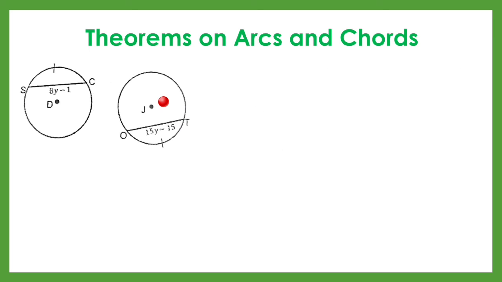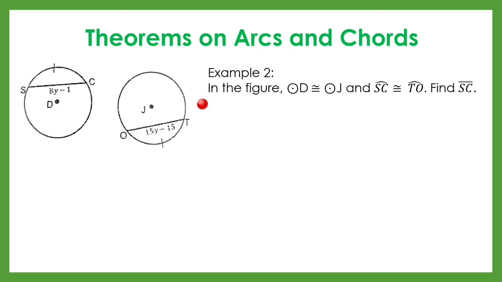Let's have another example. So, in the figure, circle D is congruent to circle J and arc SC is congruent to arc TO. Find line segment SC. So, line segment SC measures 8y minus 1 and then line segment OT measures 15y minus 15.